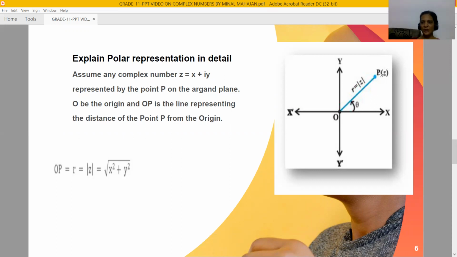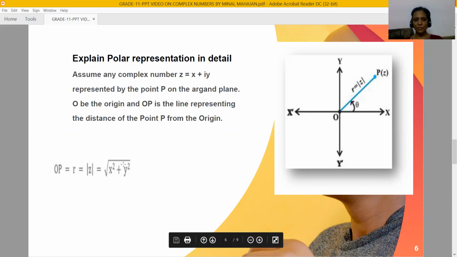That distance OP is r. R means modulus z. By using the distance formula, OP is equal to square root of (x2 minus x1) squared plus (y2 minus y1) squared. We will get square root of x squared plus y squared.